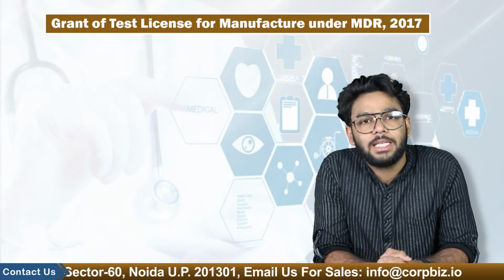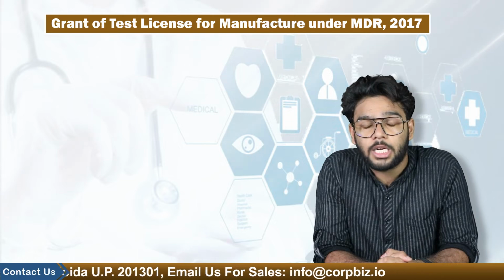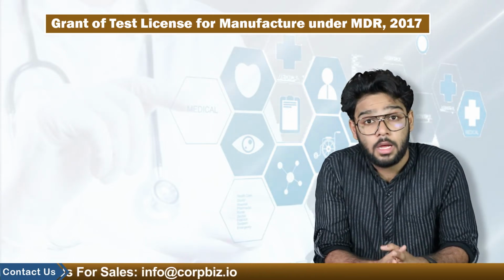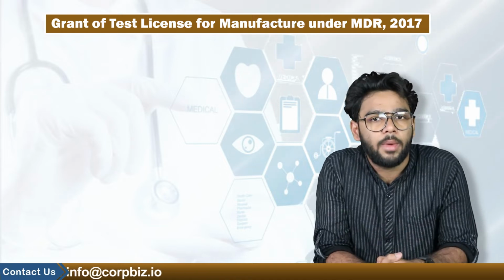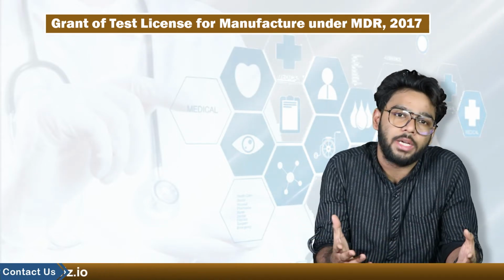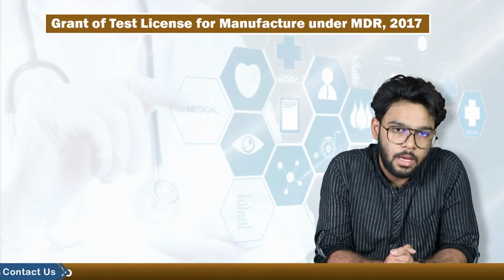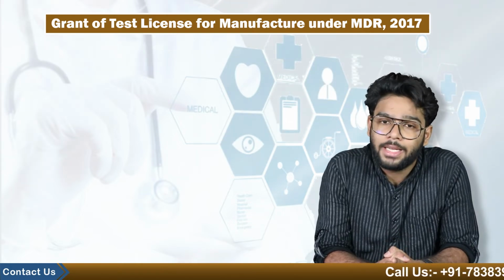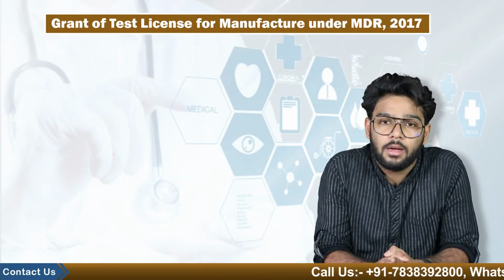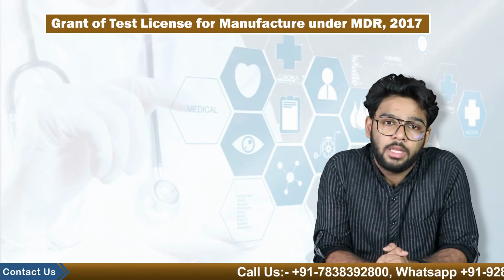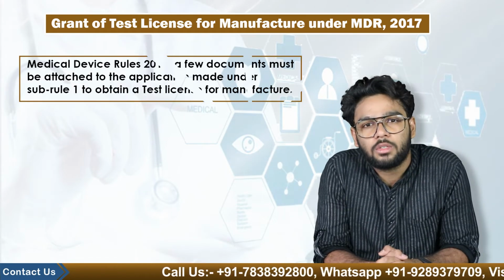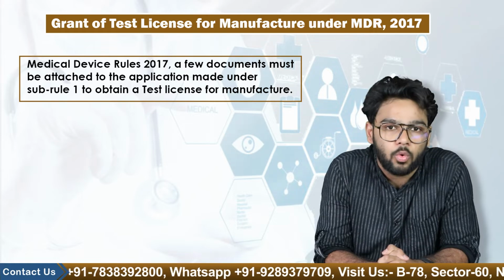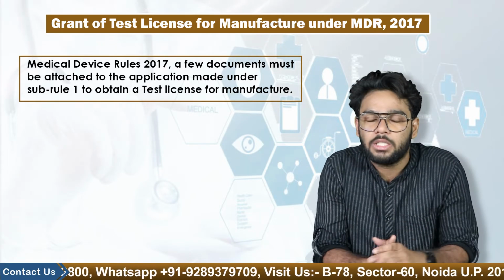To obtain the test license to manufacture, conduct a clinical investigation, test examination, demonstration or training, the applicant must submit the Form MD12 and the required documents to the Central Licensing Authority. The Central Licensing Authority may grant a test license to the applicant in Form MD13. According to Medical Device Rules 2017, a few documents must be attached to the application made under Sub-Rule 1 to obtain a test license for manufacture.